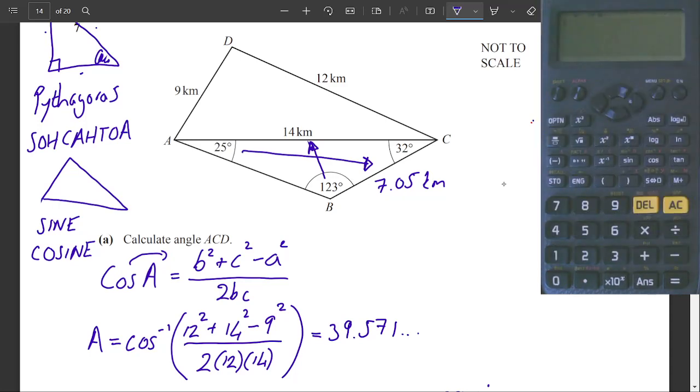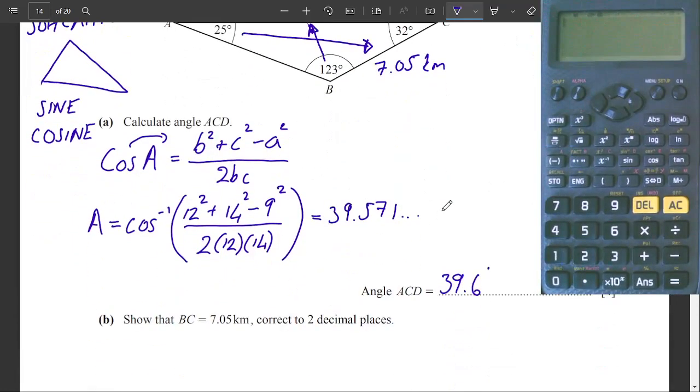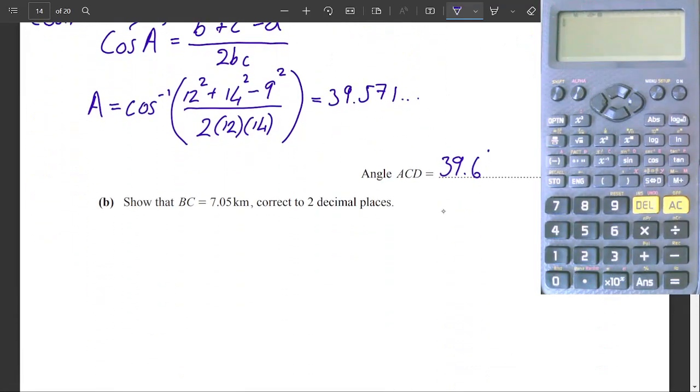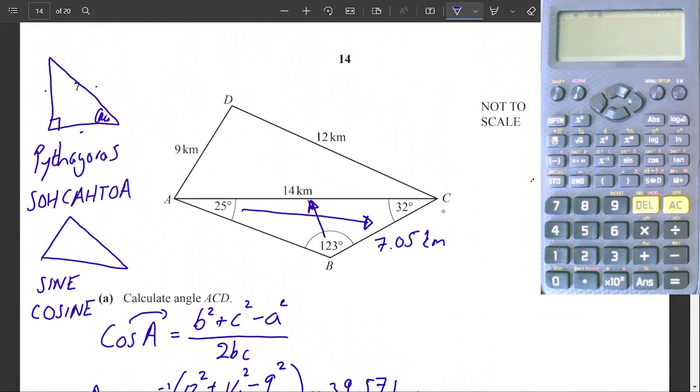Now we always start by writing down the side we want to know. In this case, it's BC. So it's BC over sine, and the angle that's opposite BC is over here, 25 degrees.